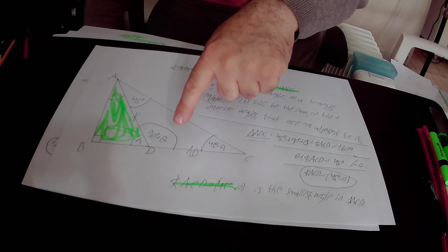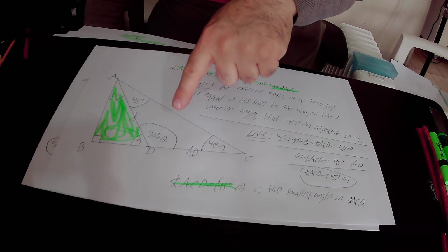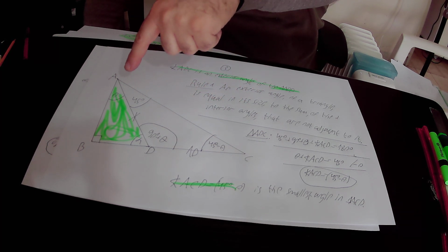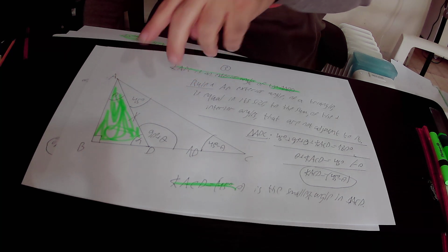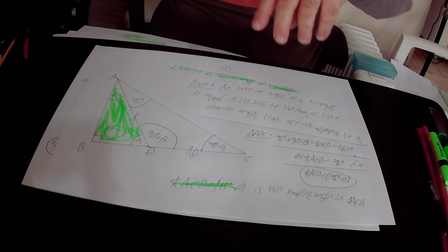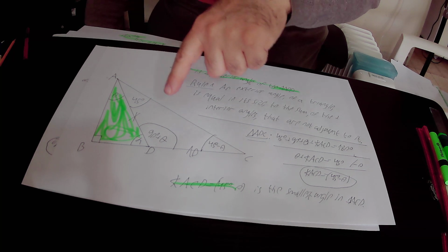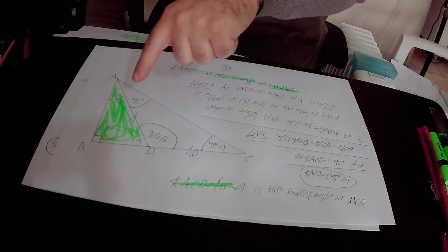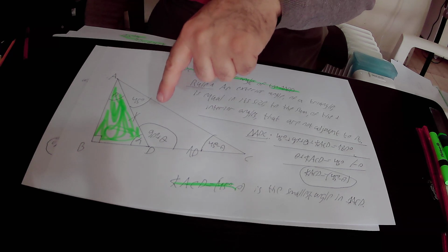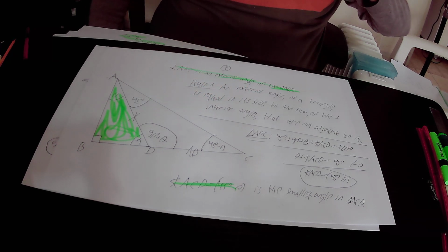Angle alpha is adjacent to angle ADC, therefore the other two interior angles that are not adjacent to it are theta and 90 degrees. Therefore, the size of the exterior angle ADC will be equal to 90 degrees plus theta.